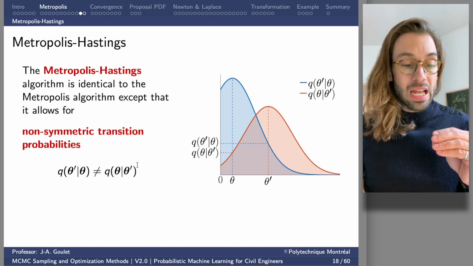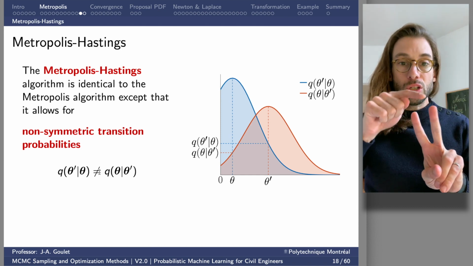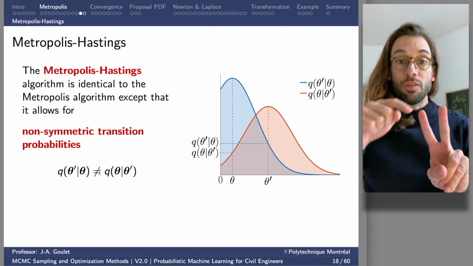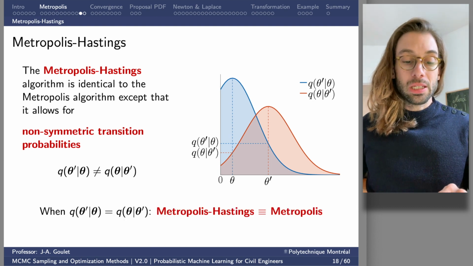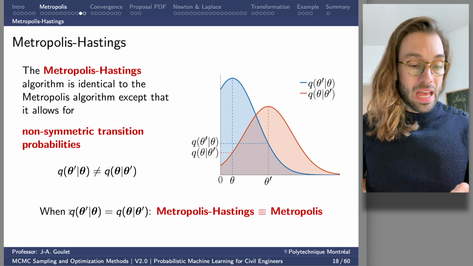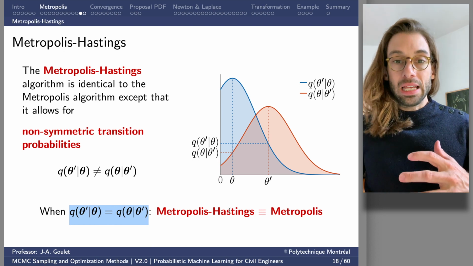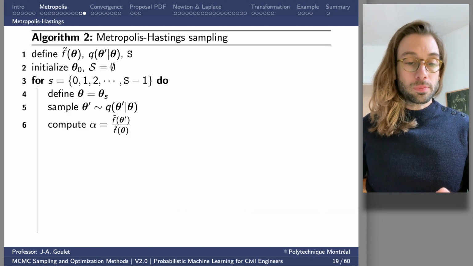So I don't have that symmetry anymore. The probability of going from one location to the other is not the same as the probability of coming back. In this case, we would need to use Metropolis-Hastings. And in the special case where we have that symmetry, using Metropolis-Hastings is equivalent to using the Metropolis algorithm.